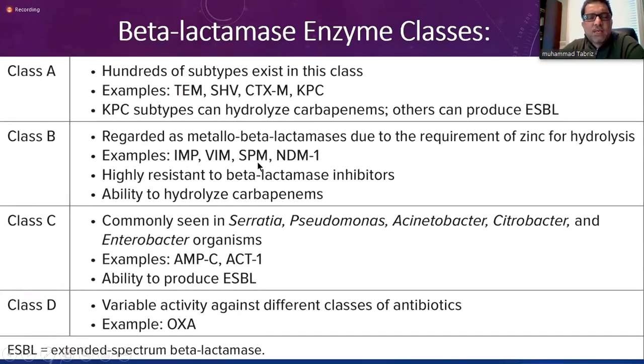They're called metallo-beta-lactamases, such as NDM in Bangladesh, in India, New Delhi, but sometimes we see that in America too. Then you have class C, which we'll talk about, the AmpC producers: Serratia, Pseudomonas, Acinetobacter, Citrobacter, and Enterobacter. And then class D also produces OXA, different numbers of OXA. These are basically beta-lactamase enzymes that confer resistance to different antibiotics.